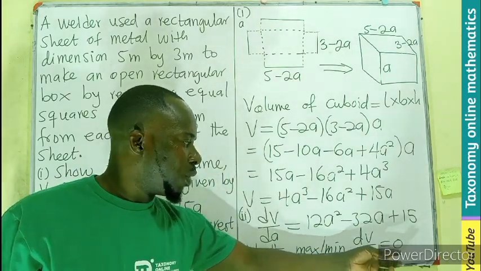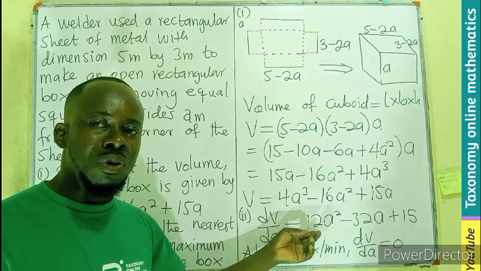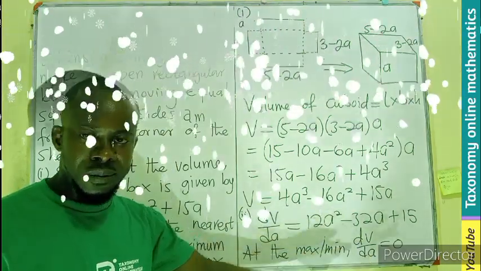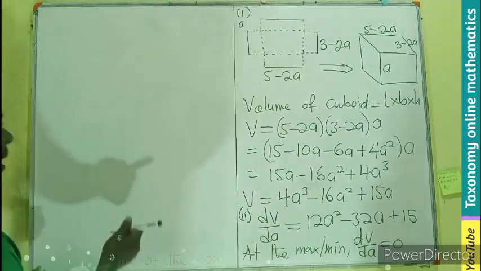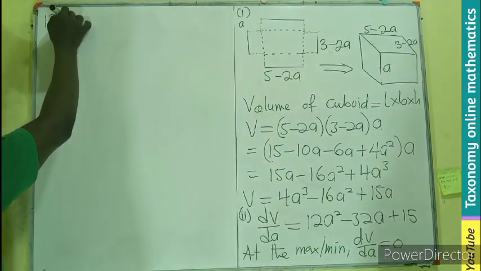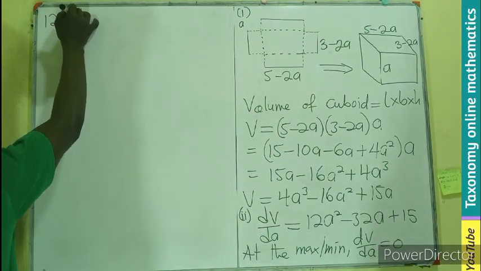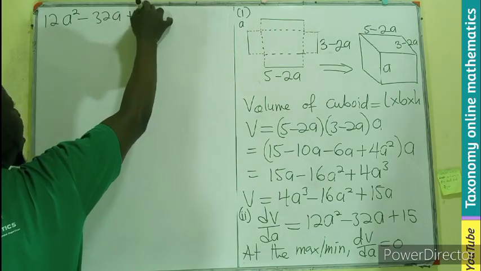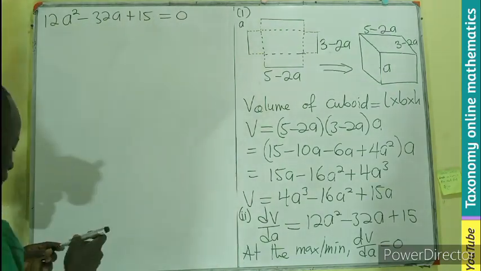So we are going to find the values of a when dV/dA equals 0. So from here, we can say that 12a squared minus 32a plus 15 equals 0.